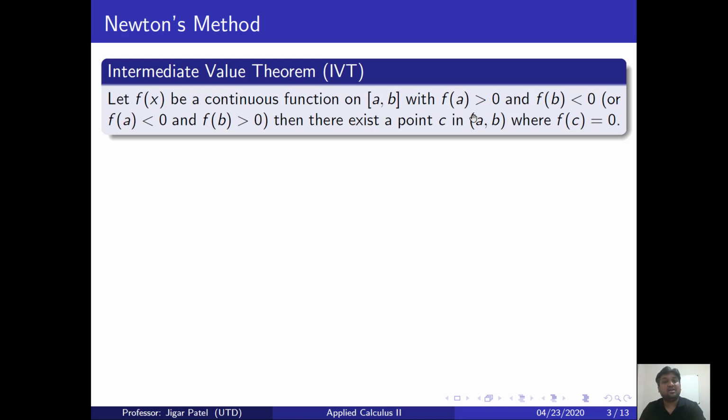This is a very clear and simple idea. So that's what is written here: then there exists a point c in the interval a to b where f of c takes the value 0, meaning there is a point c where the graph of the function cuts the x-axis.